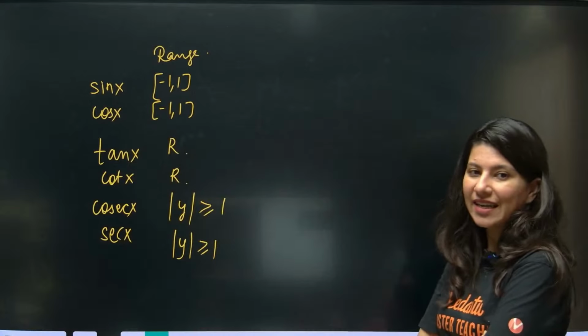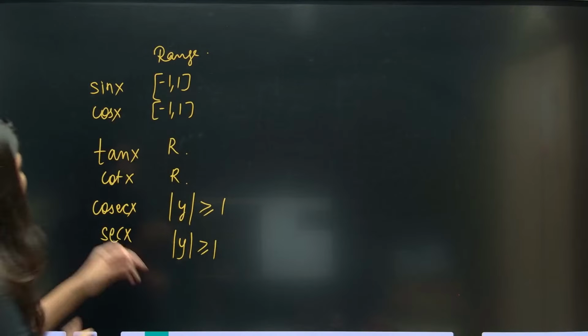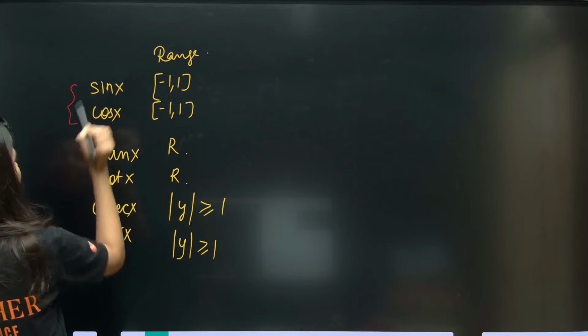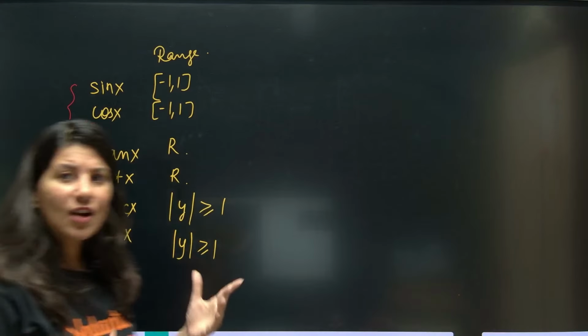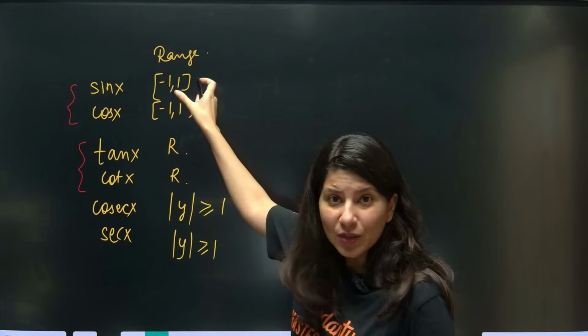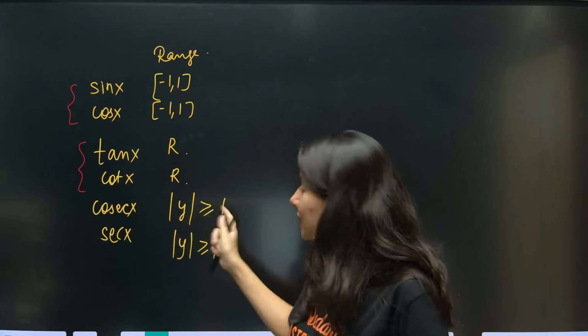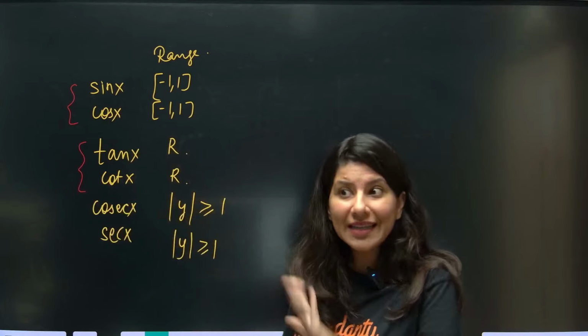See, all these ranges, who doesn't even remember them? I think for sin x, cos x, everybody will remember. Tan x, cot x, then cosec, sec. Understand now, cosec and sec. Sin x is -1 to 1. Now cosec x and sec x will be greater than or equal to 1 and less than or equal to -1.